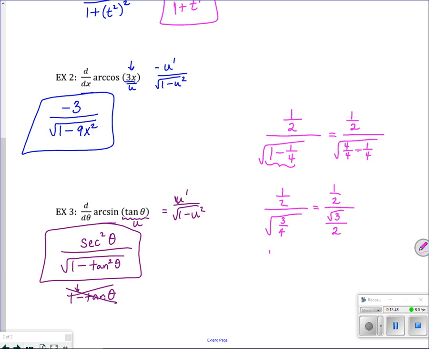And of course, when I am dividing by a fraction, that's the same thing as multiplying by the reciprocal, and I would get 1 over the square root of 3. Remember as well that in calculus, they don't care that you rationalize.